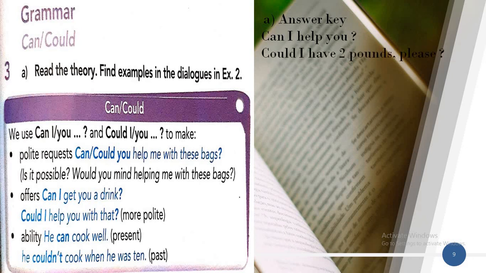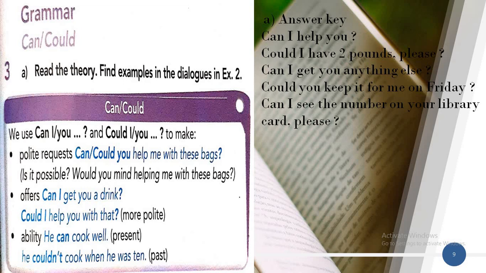Could I have 2 pounds, please? This is the second example. Can I get you anything else? This is the third example. Could you keep it for me on Friday? This is the fourth example. Can I see the numbers on your library card, please?